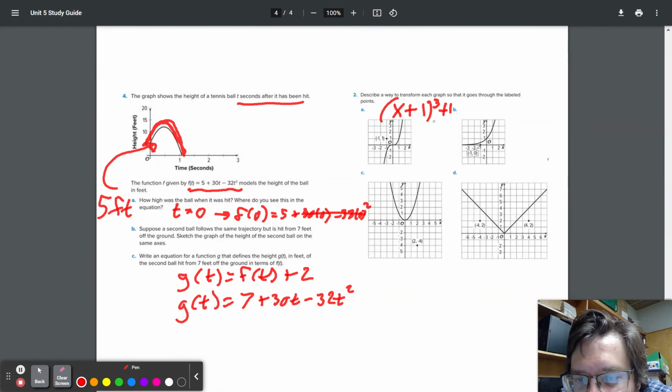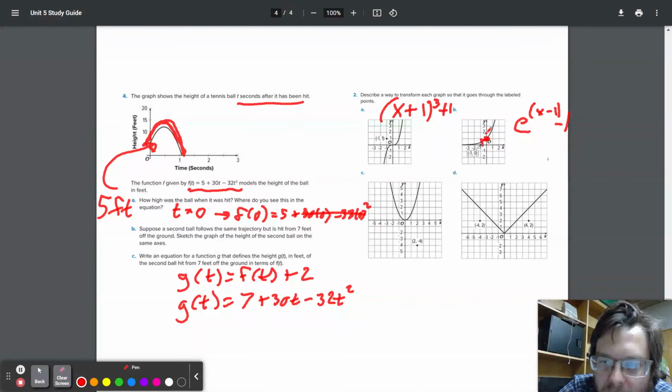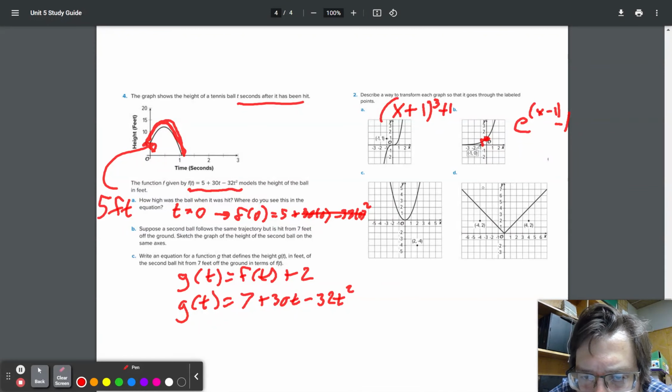Maybe it's an e raised to the x pattern because it looks like it's going between 2 and 3. We'll pretend it's e raised to the x. And it looks like it went 1 step to the left and 1 step down, because I'm taking this point of 0, 1 and bringing it left 1, down 1. I think that's the only point I had to hit.